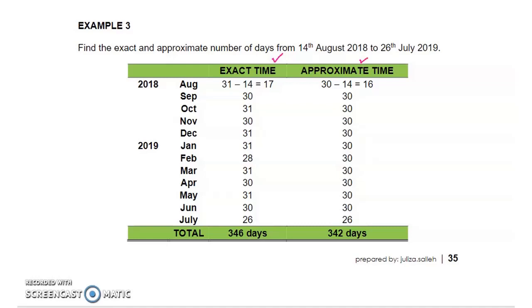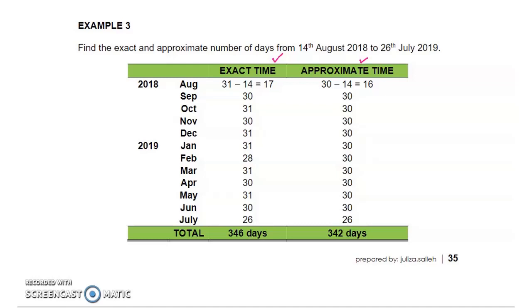Recall exact time follows the number of days in that particular month. So for example here, 2018, is it a leap year or non-leap year? You need to know that because February has 28 or 29 days.